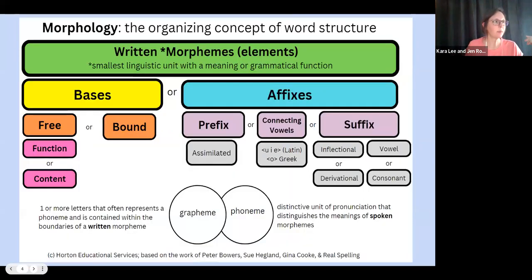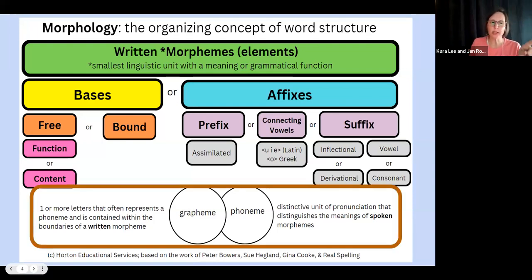Okay, excellent. Now, don't get overwhelmed by this particular graphic, which is a bit more busy than the other one. But I want you to really take away this idea that morphology is the organizing concept of word structure. That is how we structure words, by what they mean. What I specifically want to show you is that this graphic has had several different iterations.